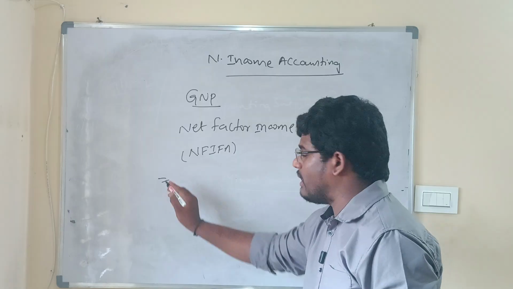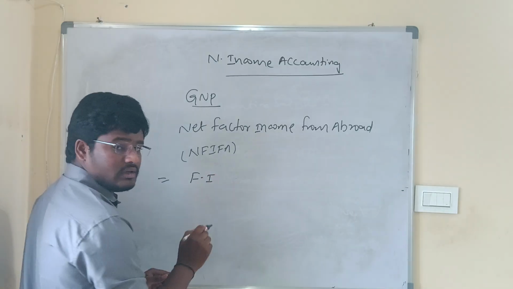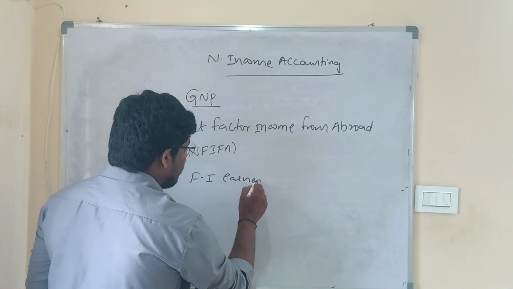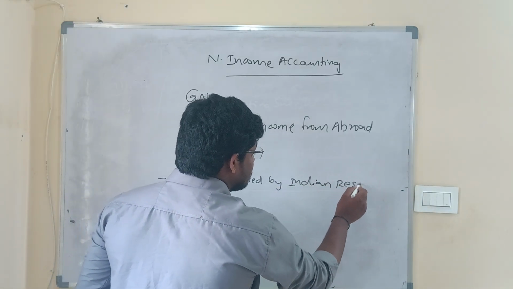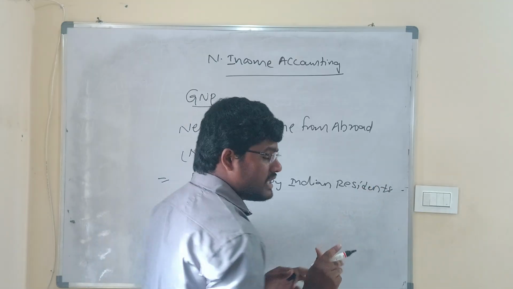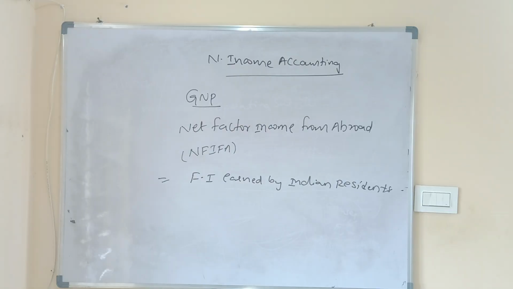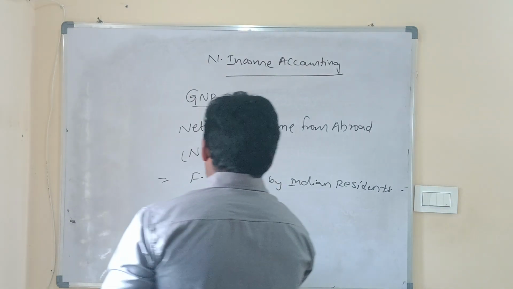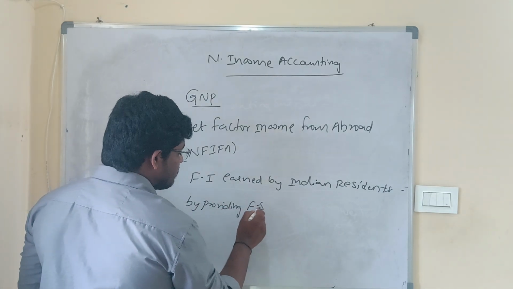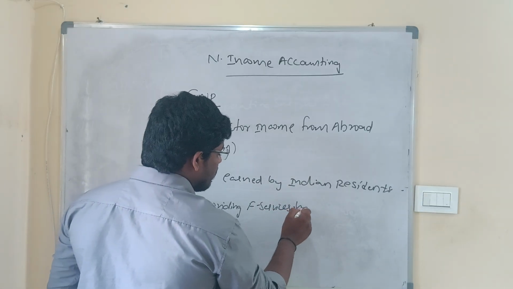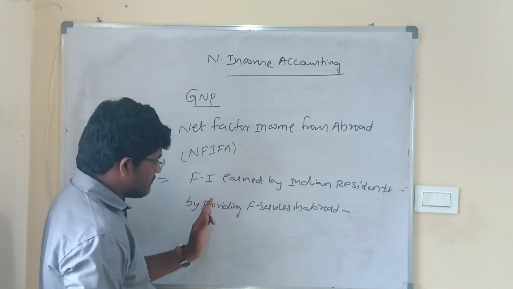Net factor income from abroad can be derived by the formula: the factor incomes earned by Indian residents by providing factor services abroad, minus the factor payments or factor incomes paid to foreign residents who provided services in the Indian domestic territory. So this is the point we have to keep in mind.